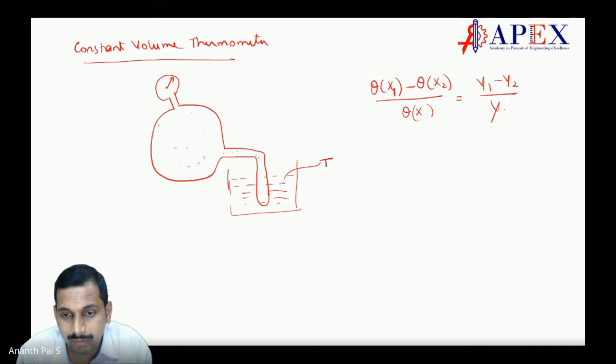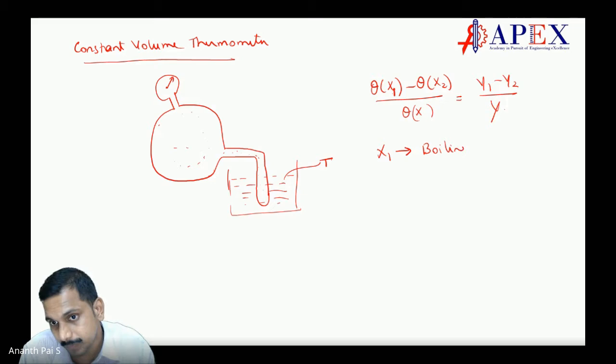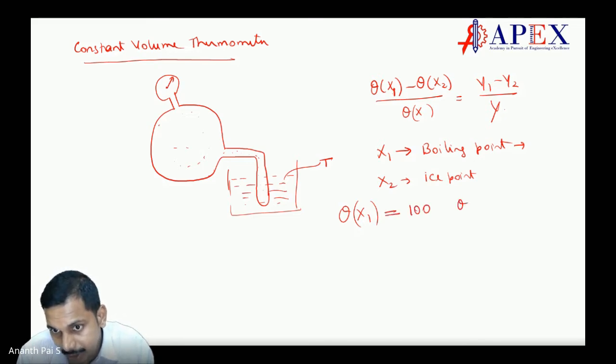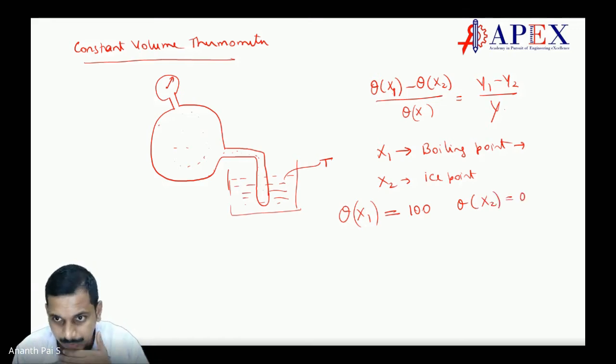So now we will say x1 is the boiling point, and let us say x2 is our ice point. Let us put theta of x1 as 100 and theta of x2 as 0, which is degrees centigrade, we know that.